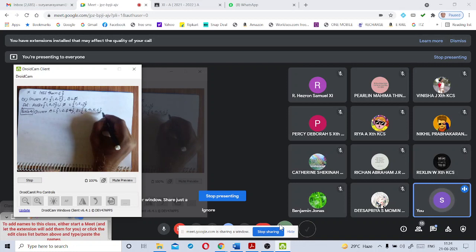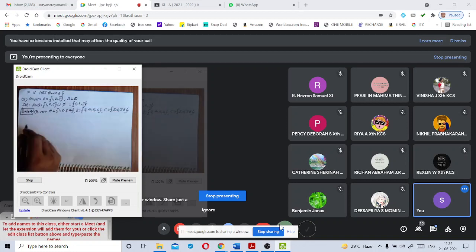C is equal to the set {5, 6, 7, 8}. And D is equal to the set {7, 8, 9, 10}. Here 4 sets, namely A, B, C and D, are given. Then we have to find A union B.